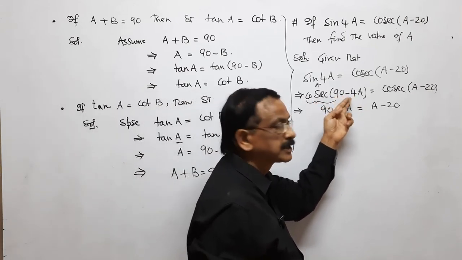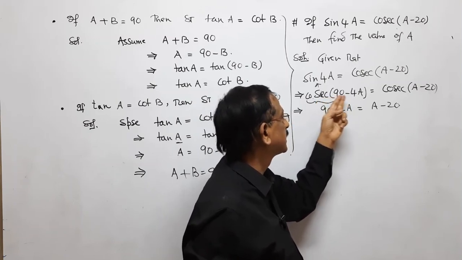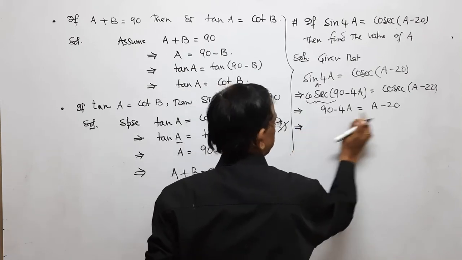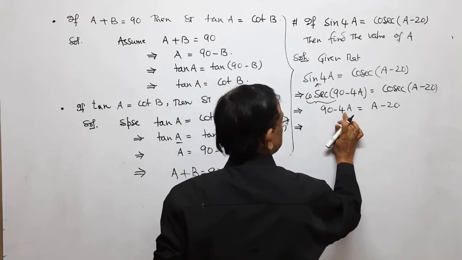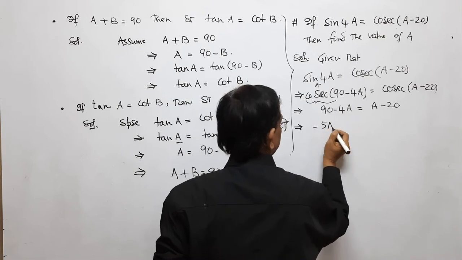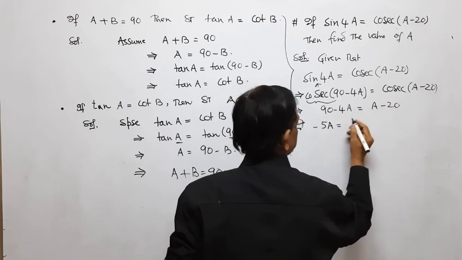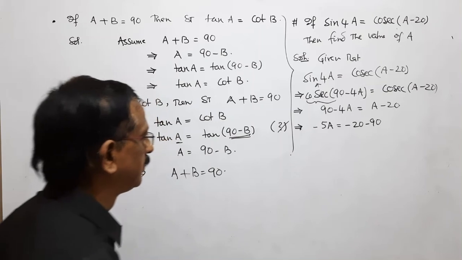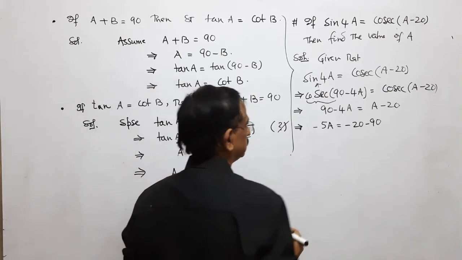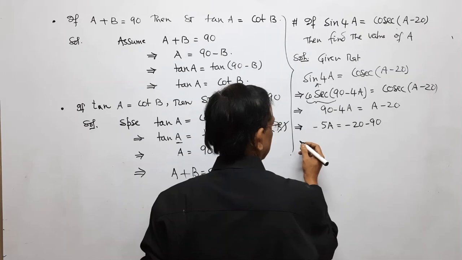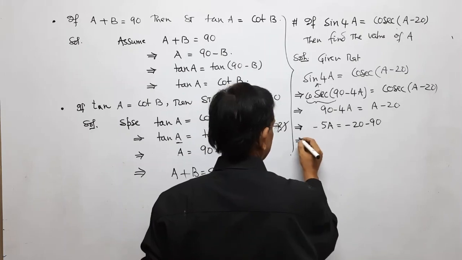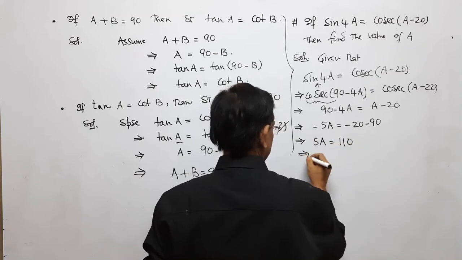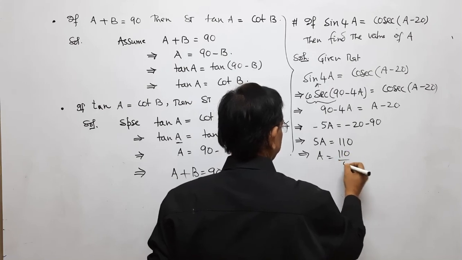Whenever these are acute angles, cosecant of alpha equal to cosecant of beta, then alpha equal to beta. So this implies bring this A to this side, that becomes minus 5A is equal to, bring this 90 to this side, that becomes minus 90 minus 20, so minus 110. This implies 5A is equal to 110. So A will be 110 by 5.